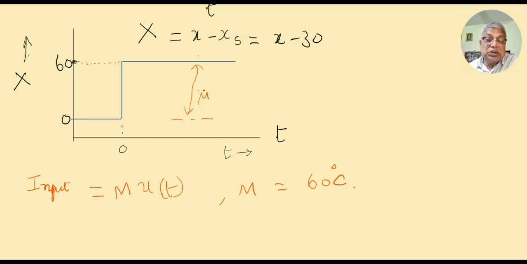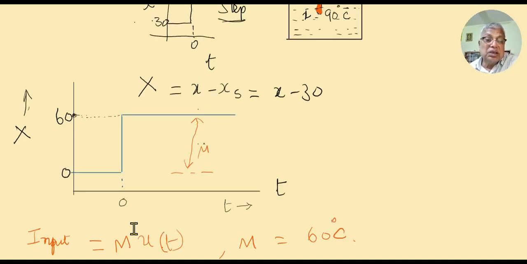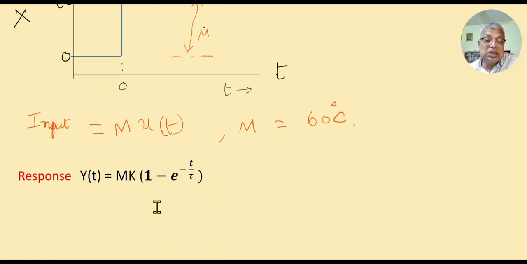Now what is the response of this? This is a step input to a first order system. The response equation which we have derived in previous classes is y(t) equals MK into 1 minus e power minus t by tau. So we have to simplify this.